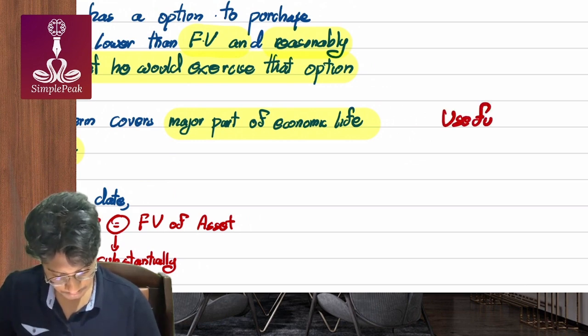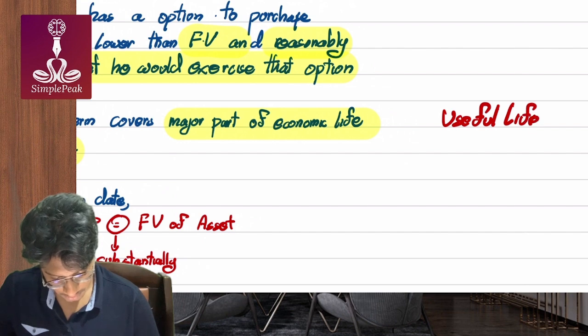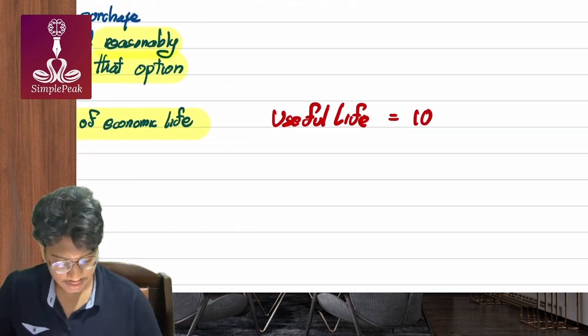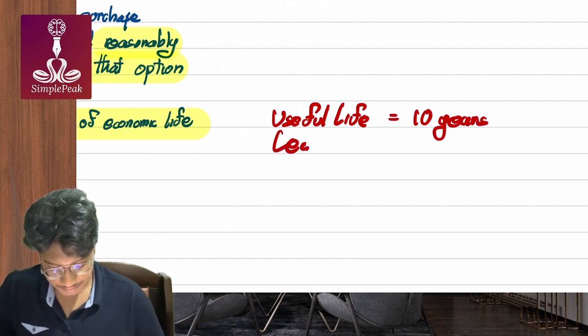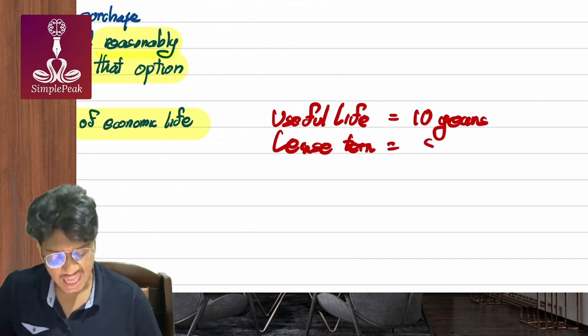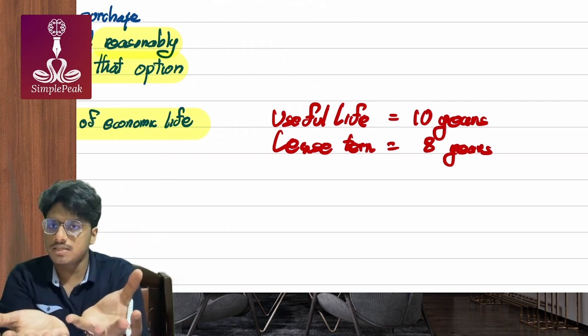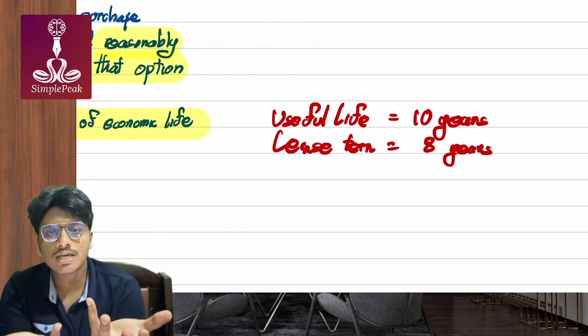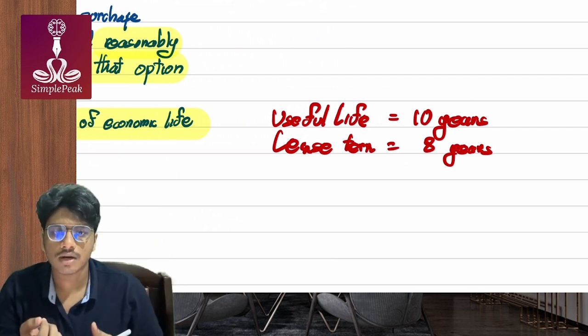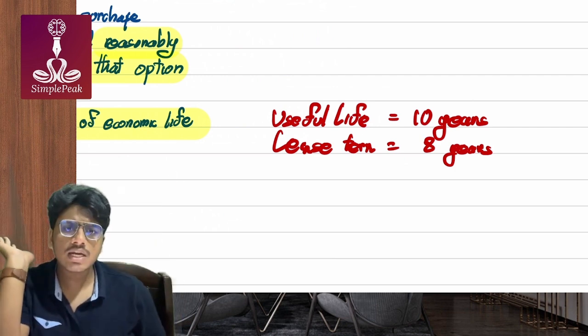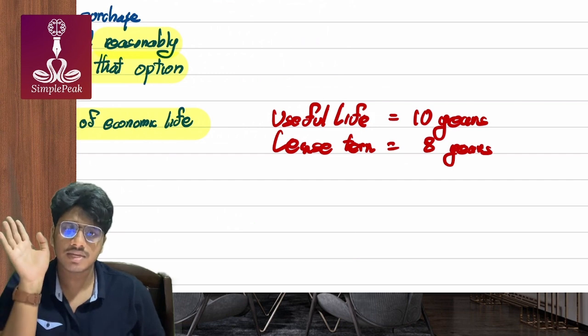Useful life is 10 years and lease term is 8 years. See, it covers the major part of it. The asset's useful life is 10 years and the lease term is 8 years. It covers the major part of it. So, take it as a finance lease. That is what the indicator means.